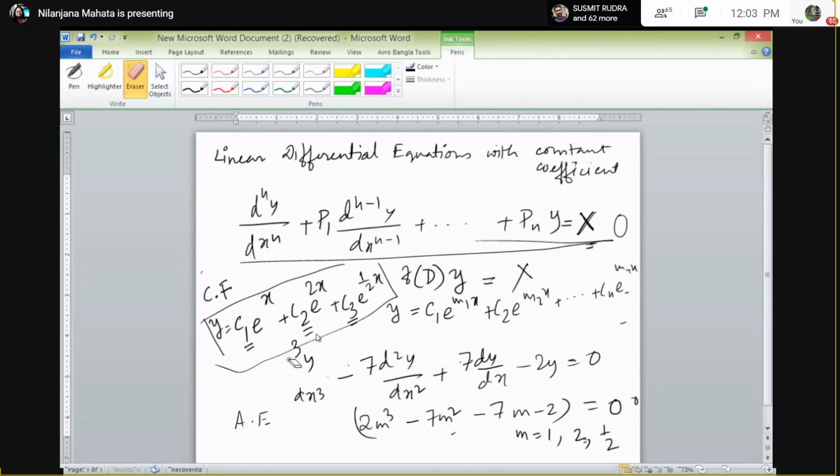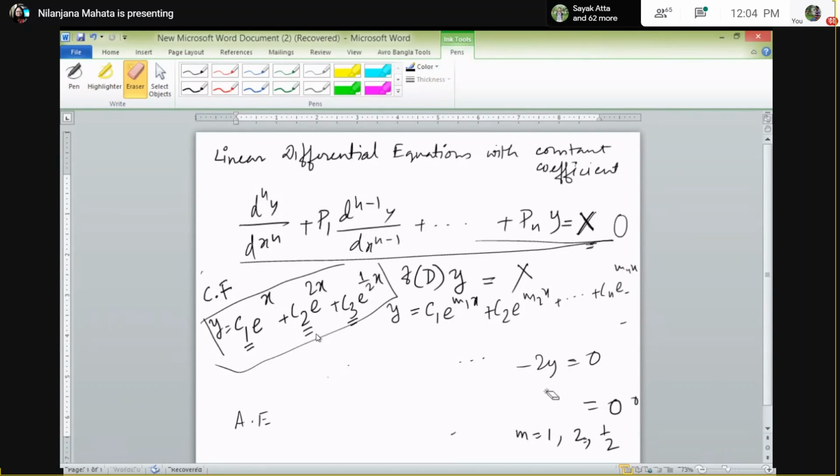And now there is another rule of this finding, because these roots are not repeated, right? Suppose there is m1 equal to m2. So for repeated roots, how do we get this repeated root solution?